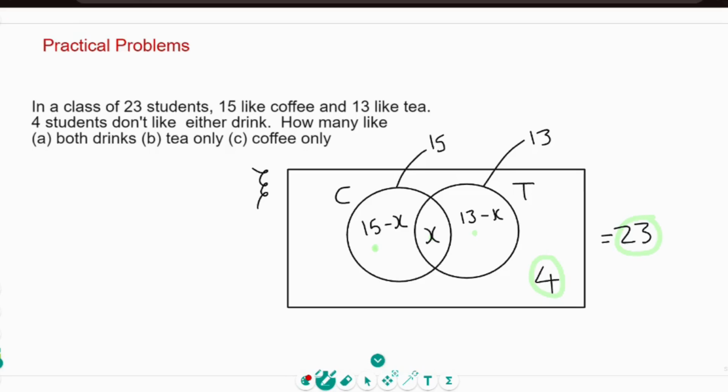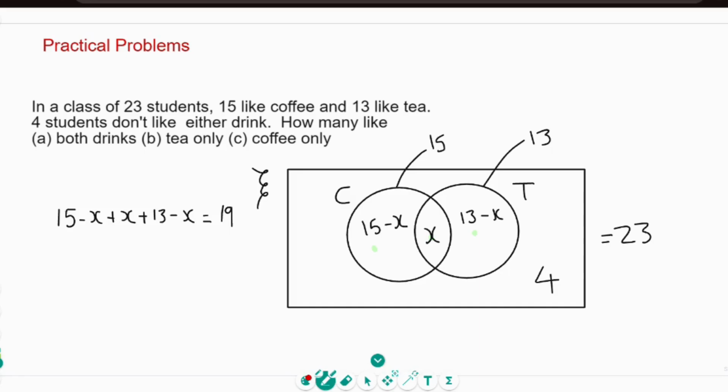So these 3 have got to equal 19, right? So I can set up a little equation. And then simply solve the equation.